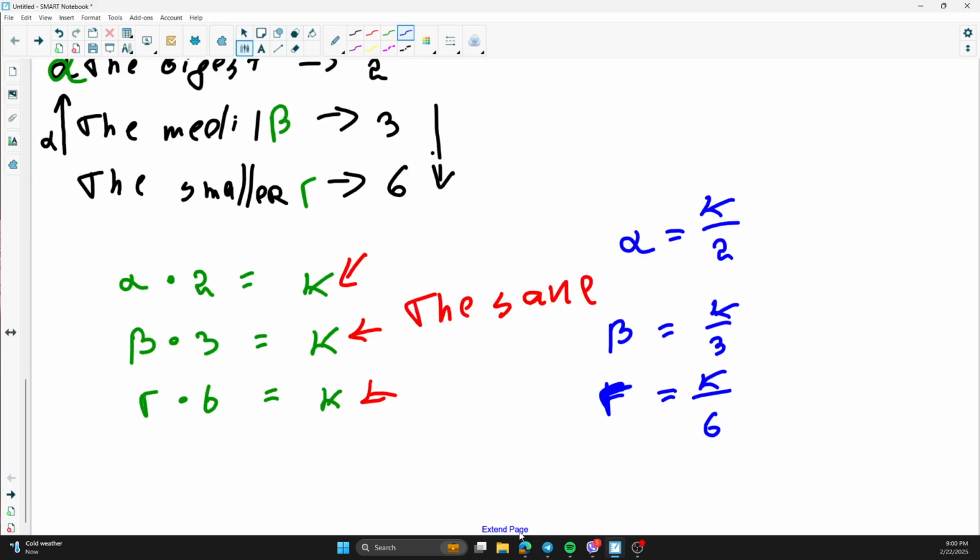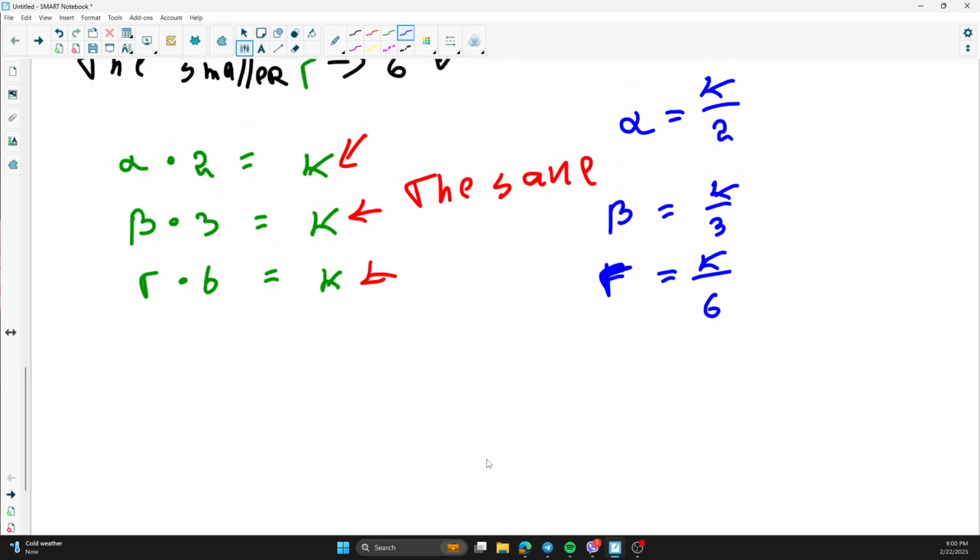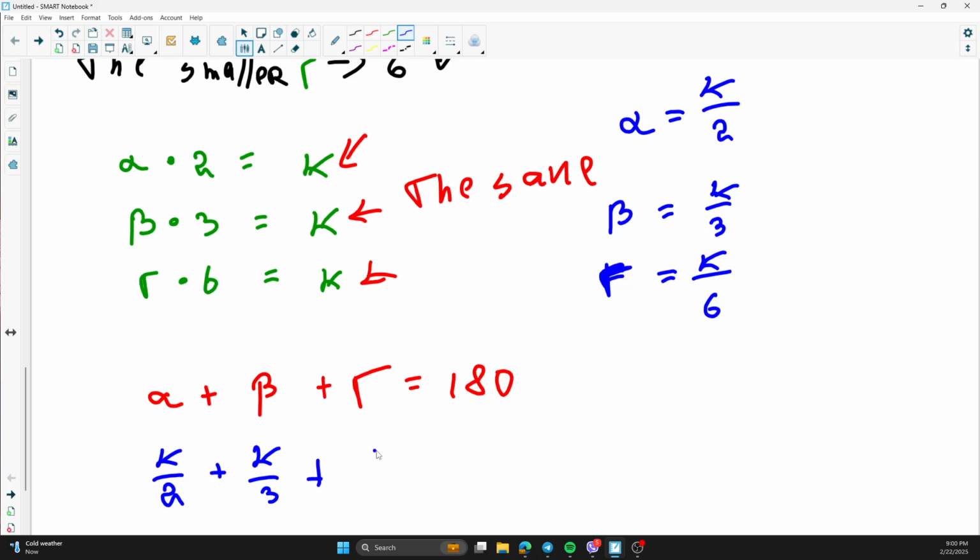Now, you know that the sum of angles in a triangle is 180, right? So alpha plus beta plus gamma is 180. So kappa over 2 plus kappa over 3 plus kappa over 6 is 180.